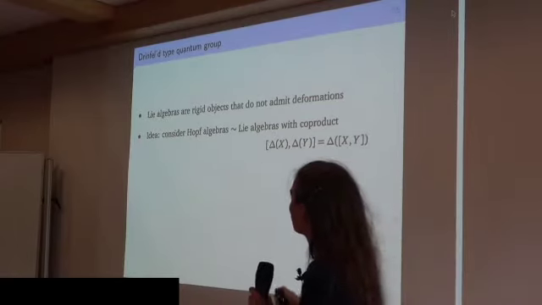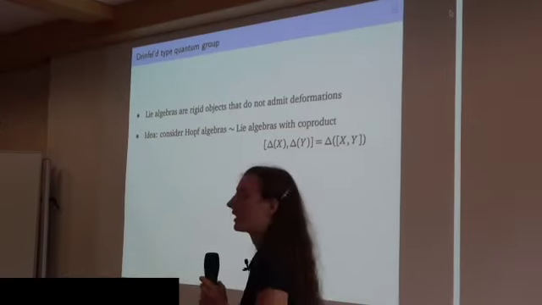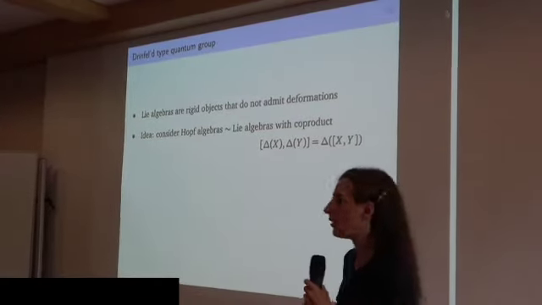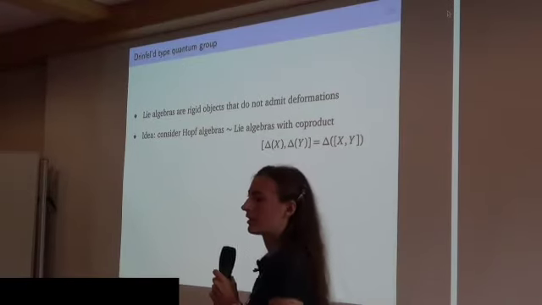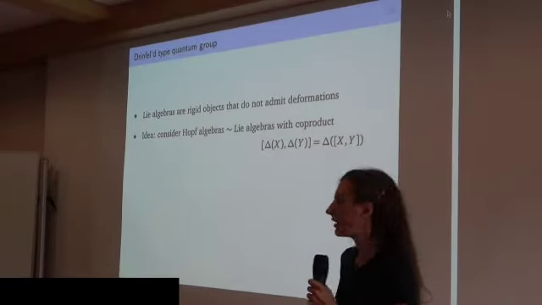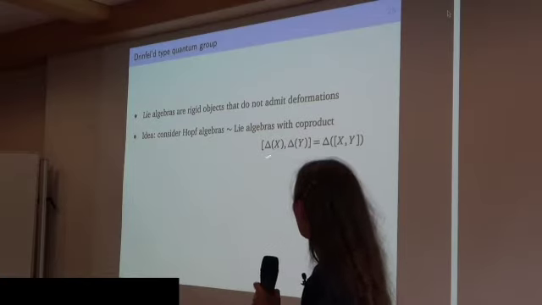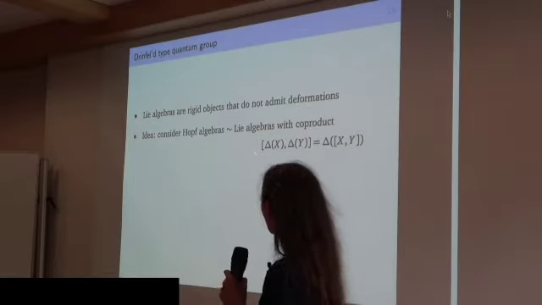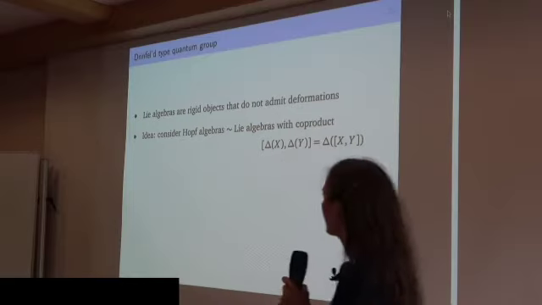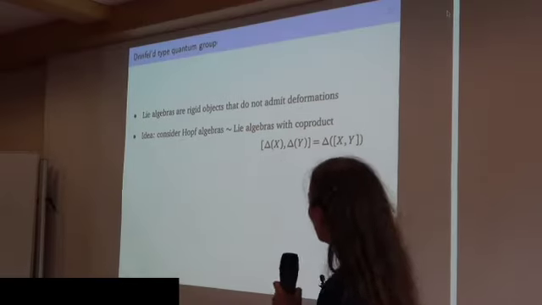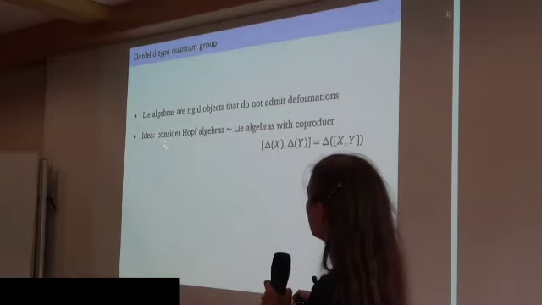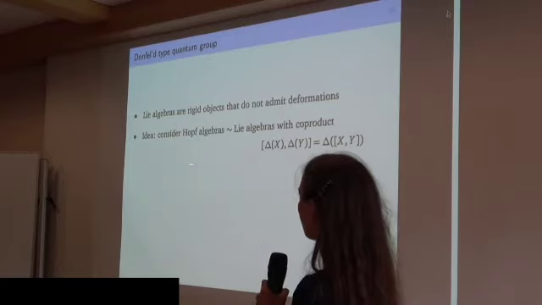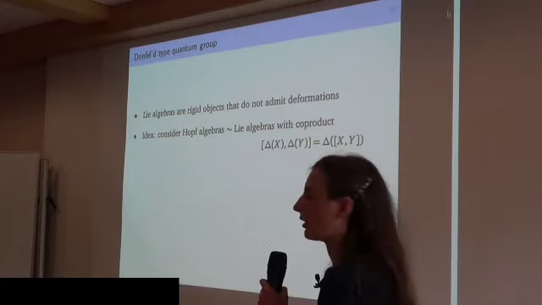And the trick of quantum groups is to consider a larger structure, maybe the Hopf algebra, which you can think of as being a Lie algebra with an additional structure, in particular the coproduct, which is a Lie algebra homomorphism. This coproduct is delta. And this Drinfeld quantum group will actually be a Hopf algebra itself and will be a deformation of the original Hopf algebra.